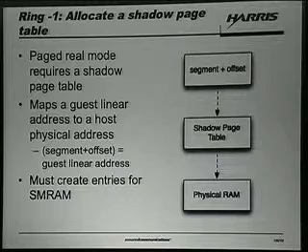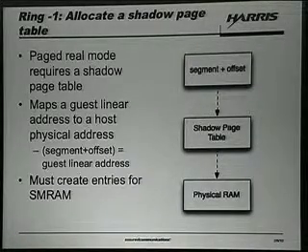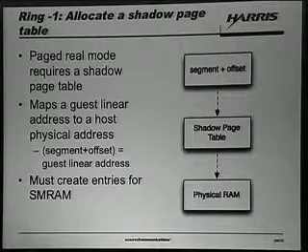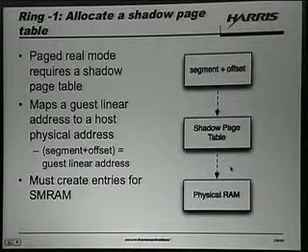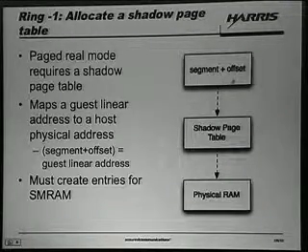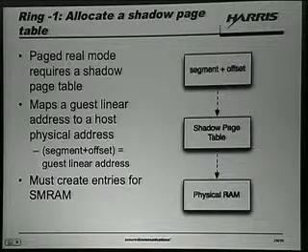All right. So again, like I said, paged real mode requires paging. So we had to create a shadow page table. Linear addresses in this case are actually just the segment and offset that's expected, and that's a guest linear address. We take that segment plus offset, we map it through our table, and that immediately comes out with a physical address.